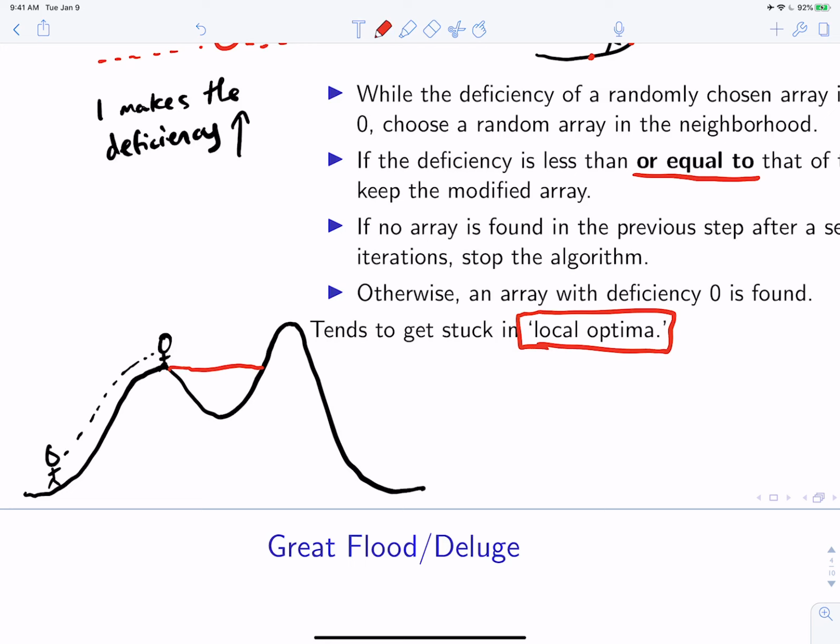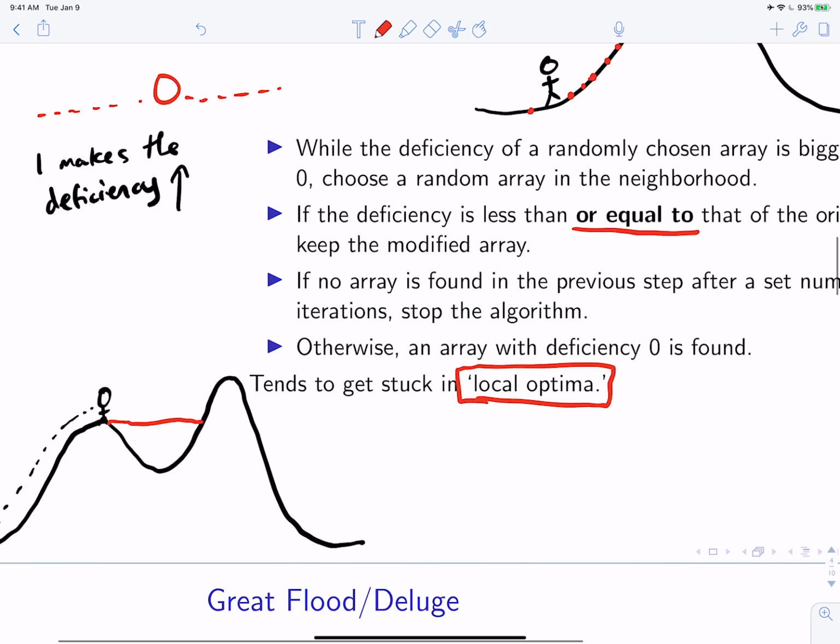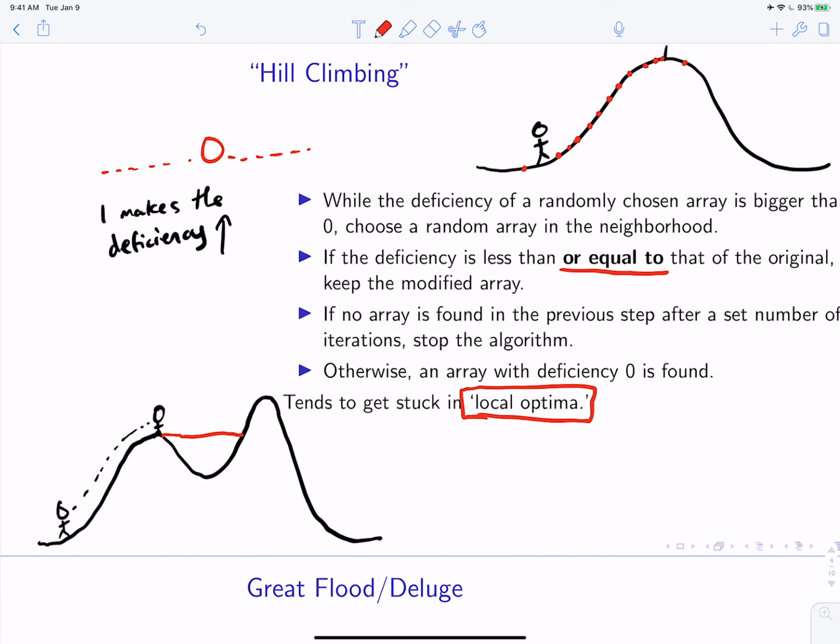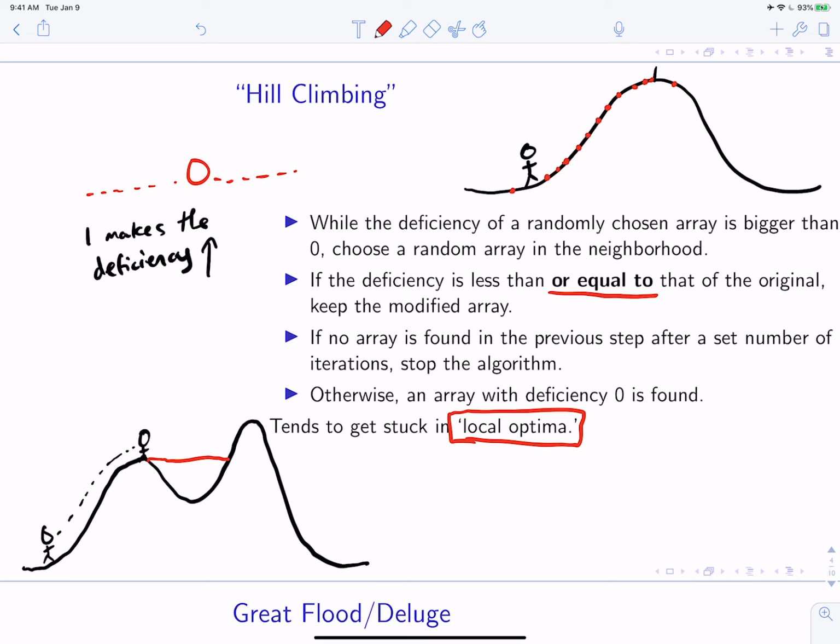So by making a change where the deficiency stays exactly the same, we can transport over to another hill at the same height, and then maybe that's the way we get to the top. So this idea of escaping local optima is really important in this area. It's one of the reasons why this area has shown to be very fruitful for making covering arrays, because it allows us to escape local optima really easily.